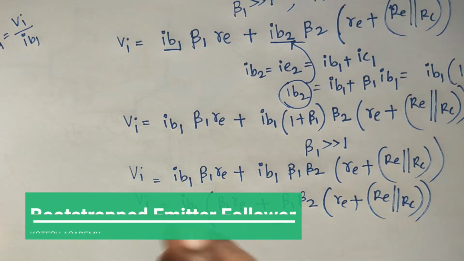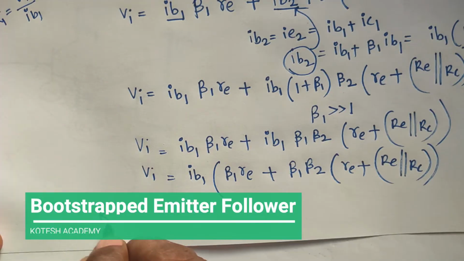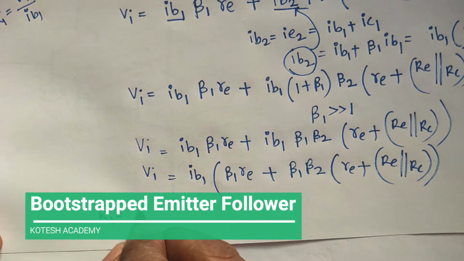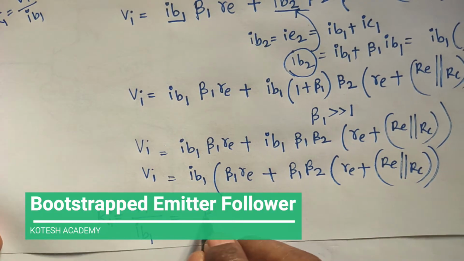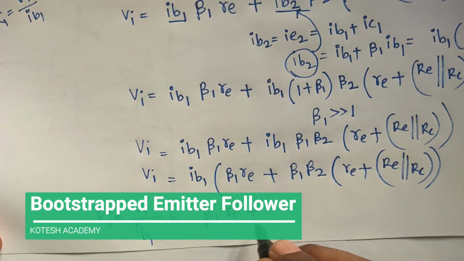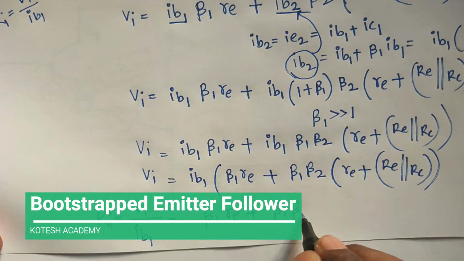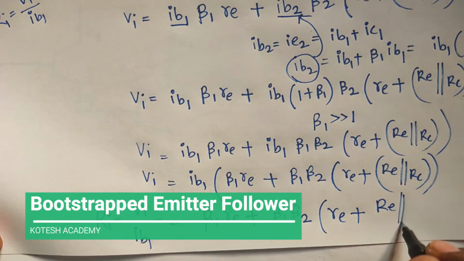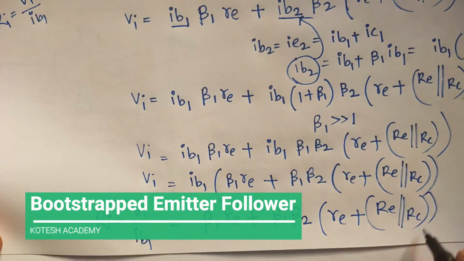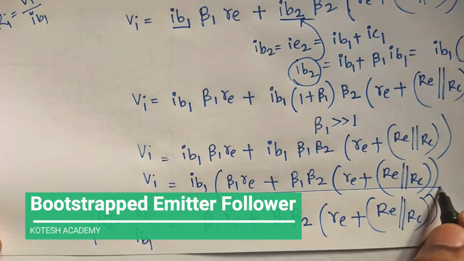So that is the VI. From this expression you can calculate RI is equal to VI by IB1 is equal to beta 1 RE plus beta 1 beta 2 into RE plus RE is parallel with RC. So this is the actual input impedance.